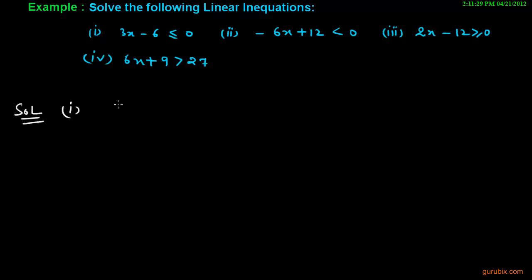In part 1 we are given 3x minus 6 is less than or equal to 0. First of all we shall add plus 6 to both sides of this inequation, like this: 3x minus 6 plus 6 less than or equal to 0 plus 6.